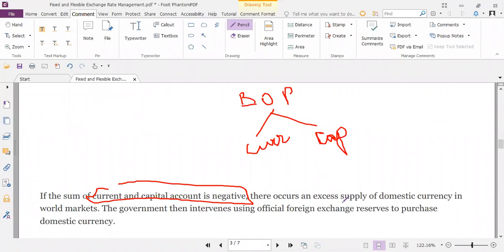Balance of payment is the exports increase rather than import. Yes, go on. Anyone else? Can anyone else give me the answer for this?